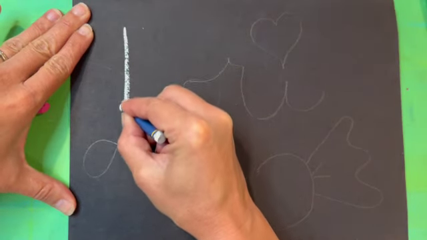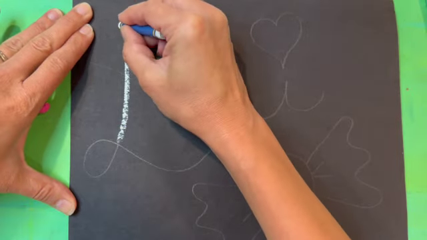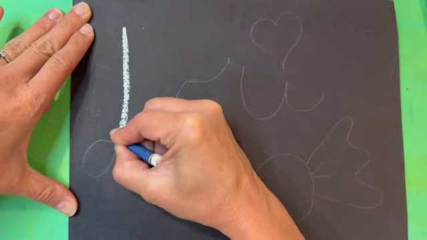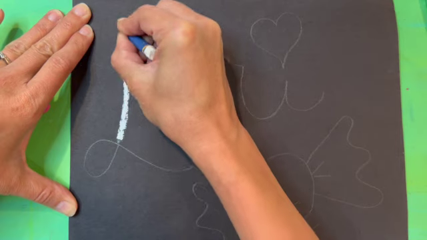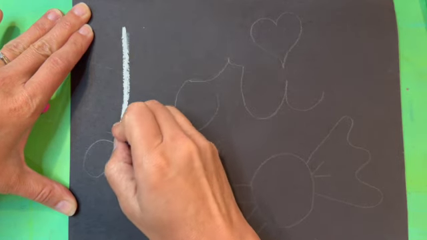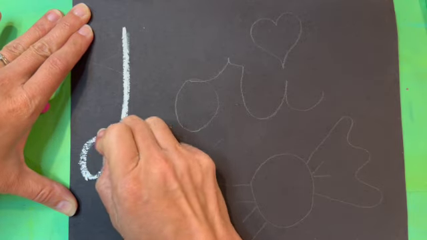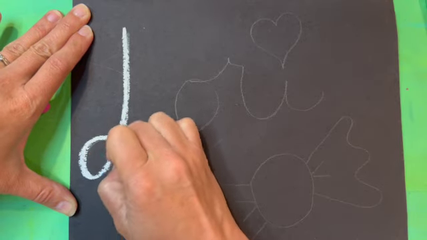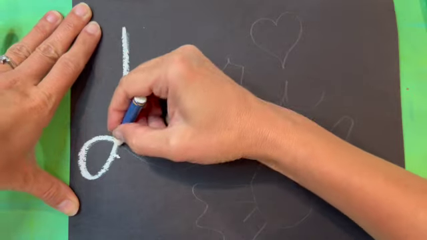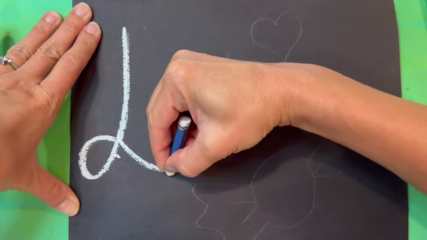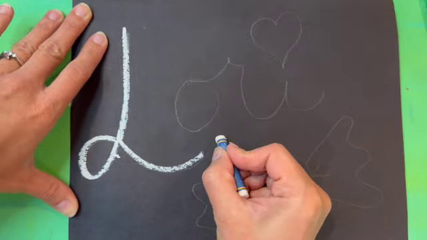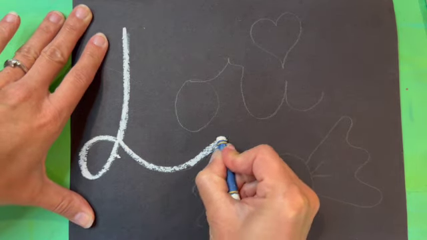I'm going to start with white, and I want to push pretty hard with my white right on my line. And I'm going to trace my line all the way around and try to get a solid tracing of all of my pencil so you can't even see the pencil anymore.